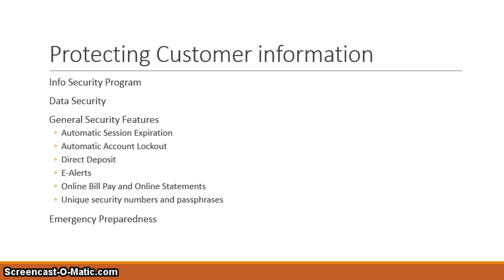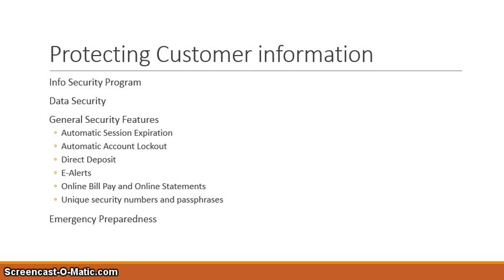So some of the general security features you've probably seen are things like automatic session expirations, where you're on your online banking site and your wife called you from the other room and now you've been logged out, and that's the automatic account logout too. Sometimes that would be for if you enter the wrong password too many times. You'll be locked out of your account and you won't be able to get into it.